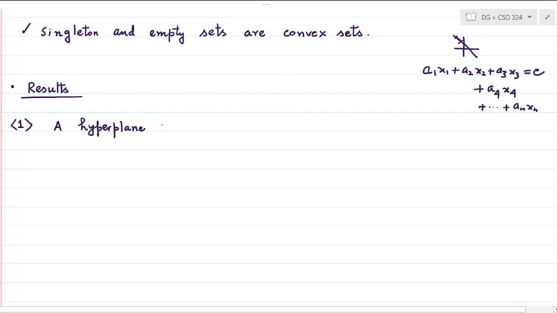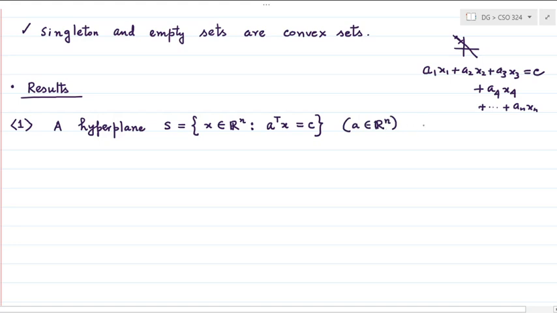So a hyperplane, which we denote by, let's suppose, S, is the set of all points in Rn such that some vector A transpose X is equal to C, where A is in the n-dimensional Euclidean space.